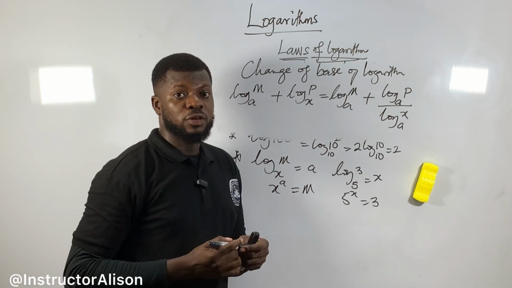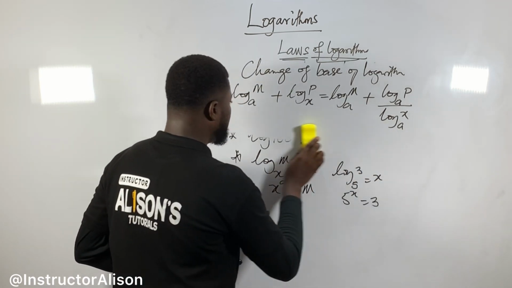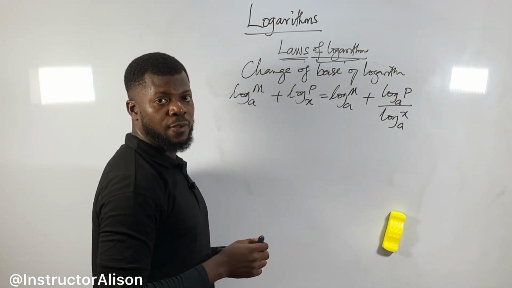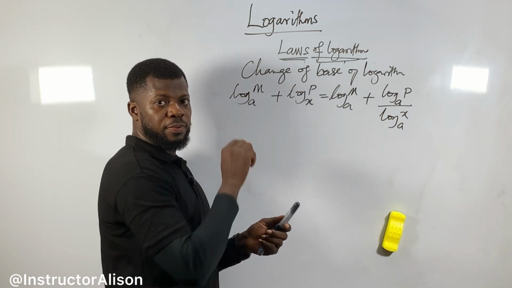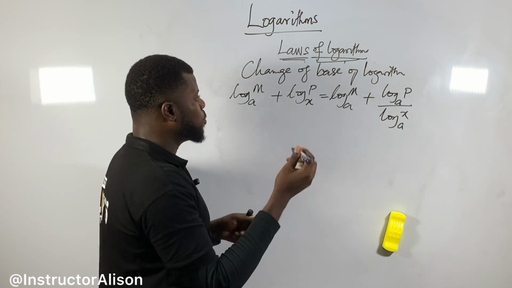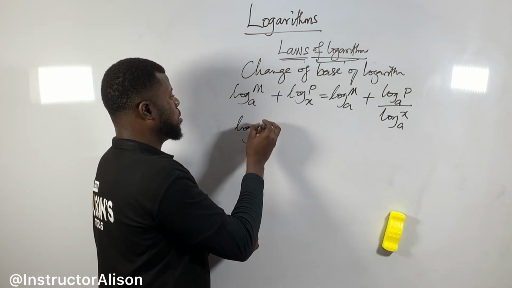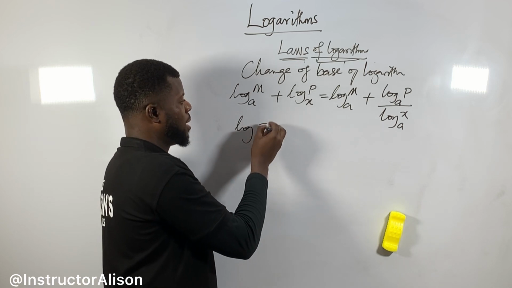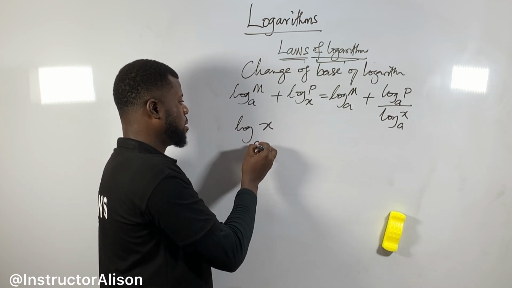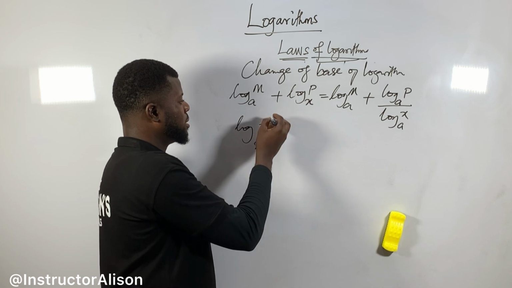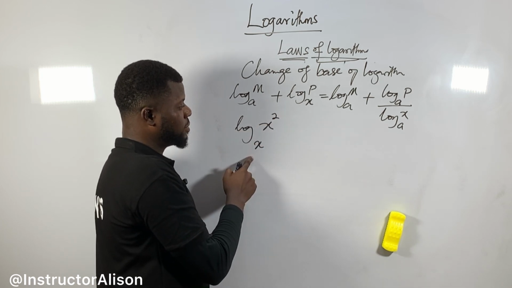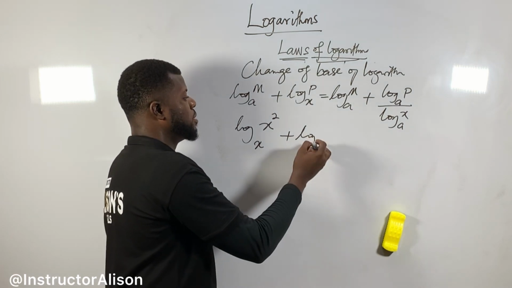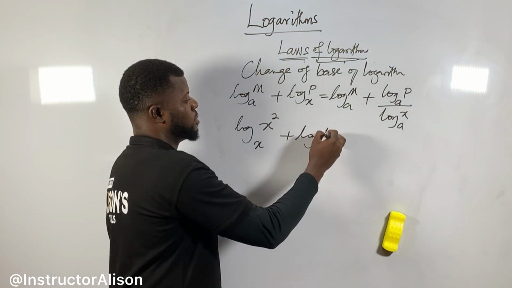So when you see change of base of logarithm like this, you solve. For example, I don't solve questions here, the question I mentioned will pop up. But you will see another one, like if I have log of x squared to base x plus log of 8 to 16.